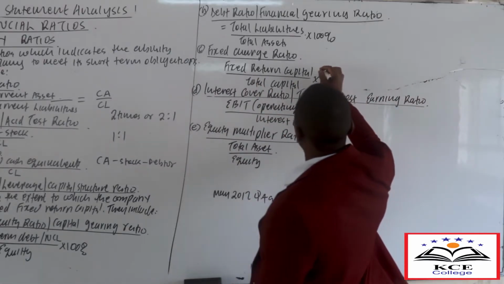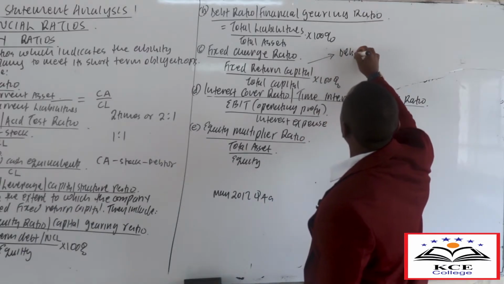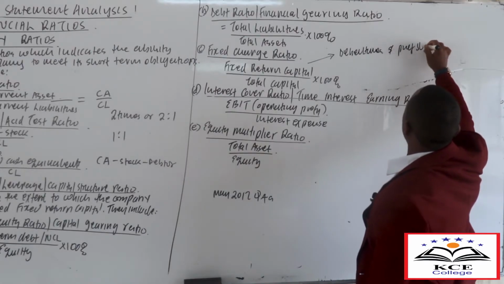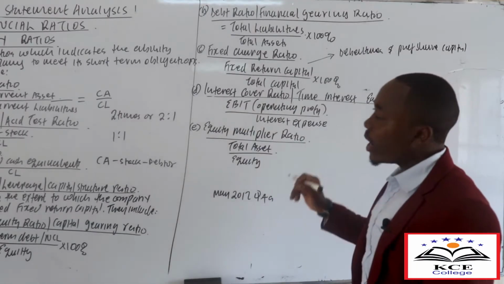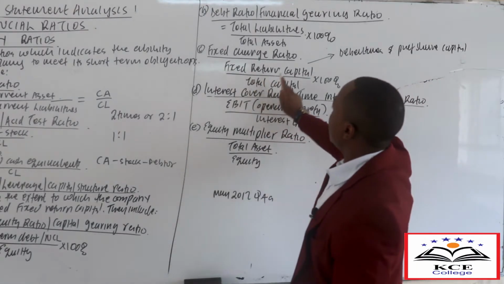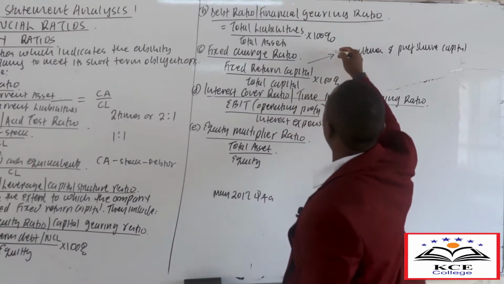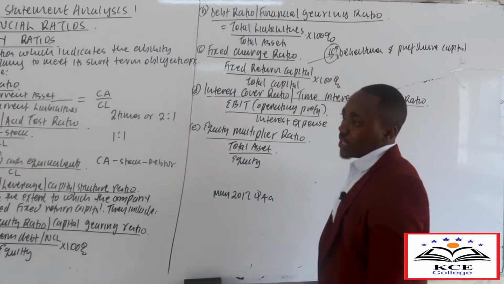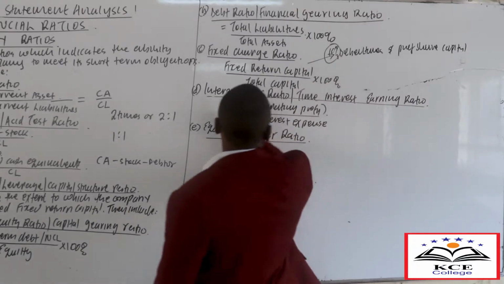The fixed return capital includes debentures and preference share capital. In this case, you don't include a loan. Why? Because we are talking about the fixed return capital. A debenture is always attached to a given rate. For example, you may have a 10% debenture. That means the interest will always be 10%. The same with the preference share. Those are what we call the fixed return capital.